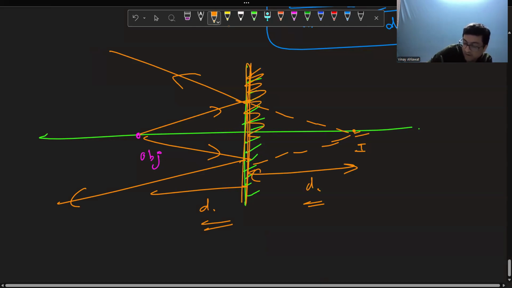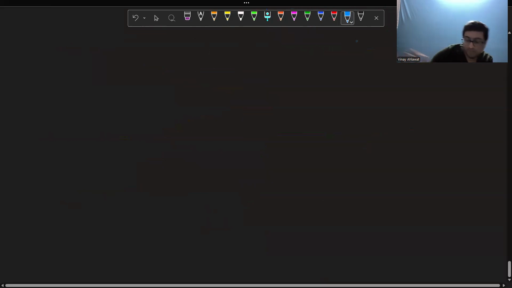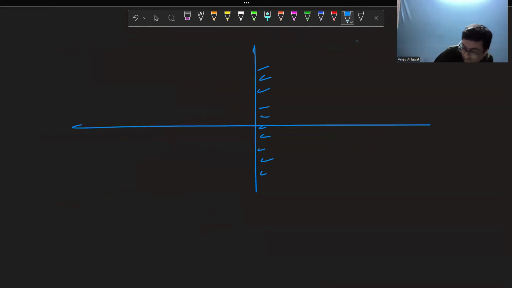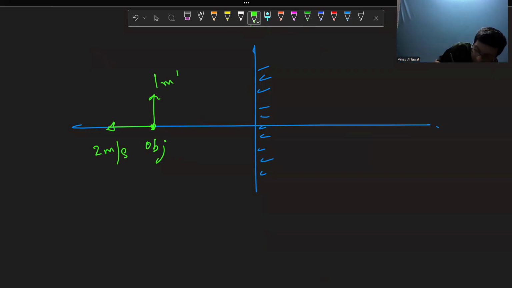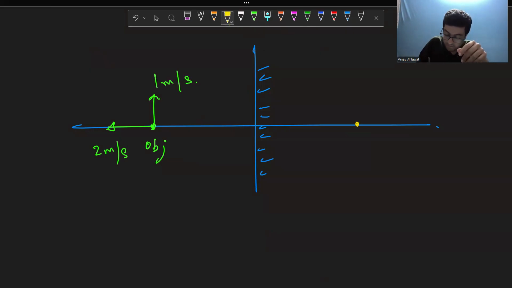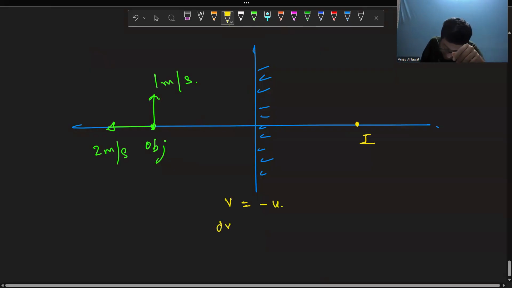So in plane mirror, back to the question. You have an object moving in this direction with 2 meter per second, and in this direction with 1 meter per second. Where is the image? Here. This is the image. v is minus u, so dv by dt is always minus du by dt.